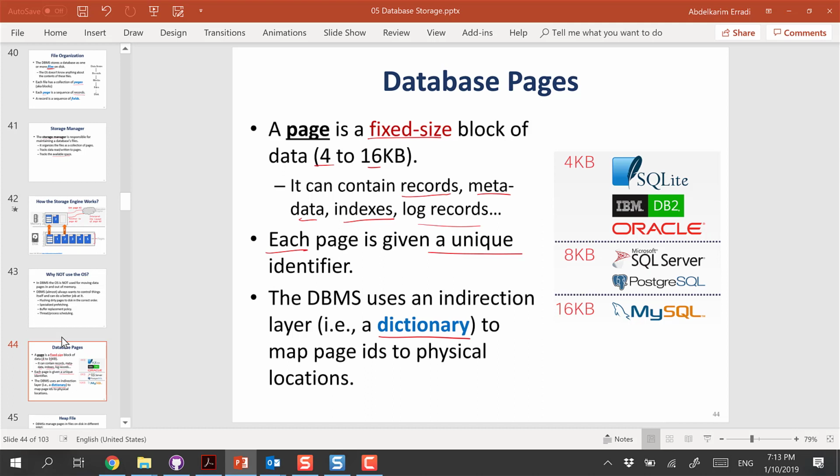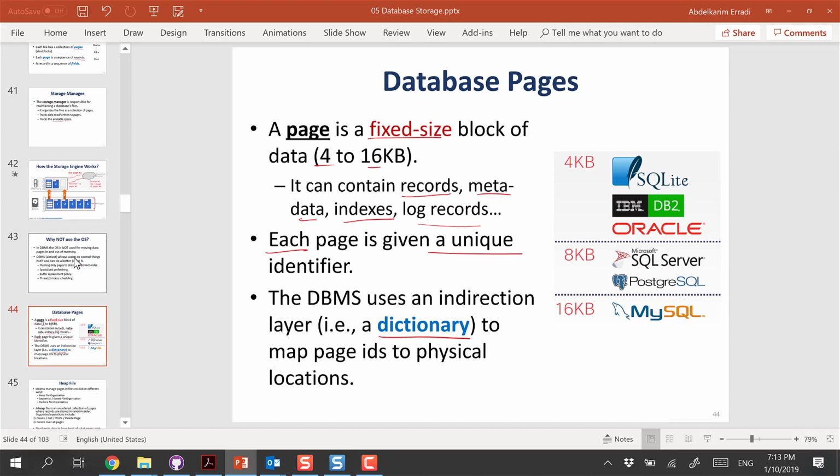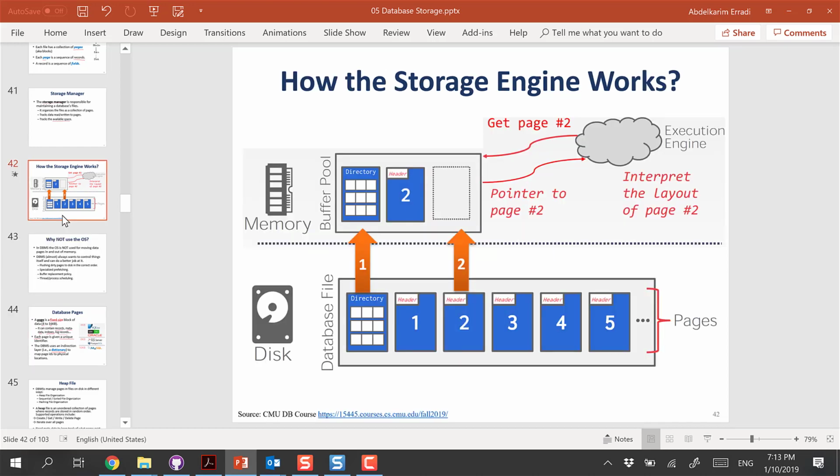That's the first level of organization. A file is made up of pages, and pages are used to store records. So the file organization is clear, this level. Dictionary or directory? Directory is kind of the same concept. At the end of the day, it's a map between a logical address and a physical address, but directory is the more common term used in this context.